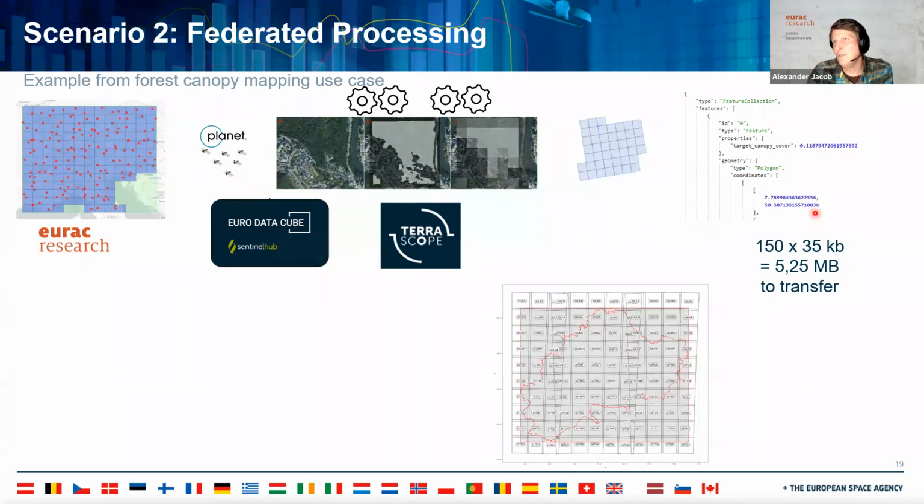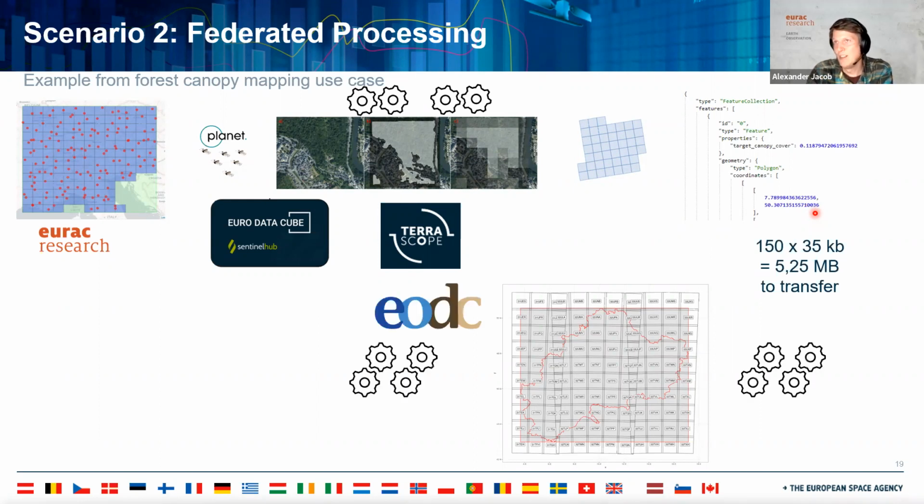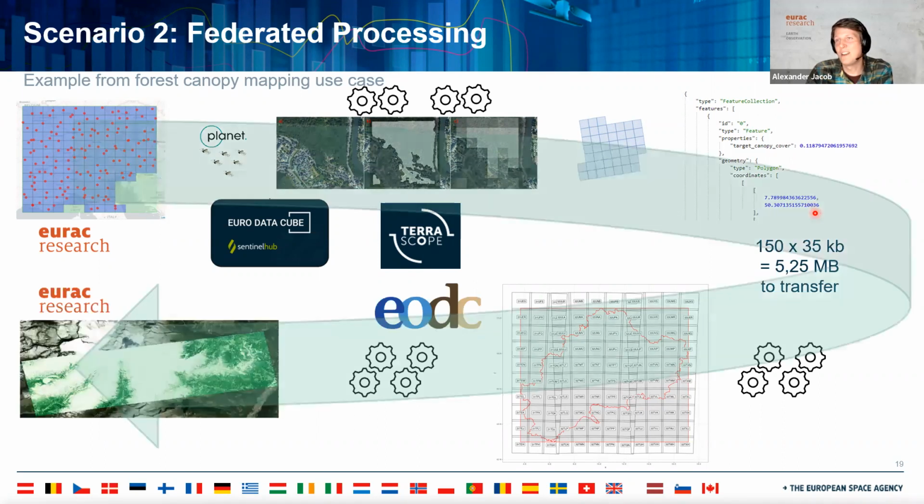And then finally, we wanted to train. We have used this for a regression model and apply it with Sentinel-2 data, which we had the full collection available and pre-processed in a specific way in a different data center, in this case, the EODC. And then we could basically train and predict our model here.